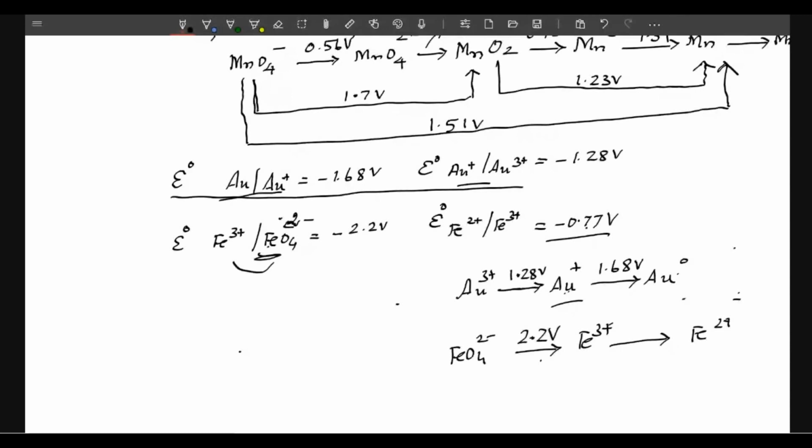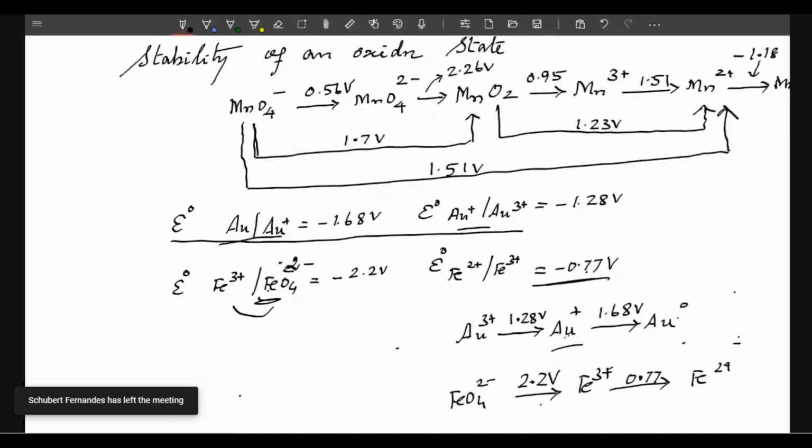Iron 3+ to iron 2+: oxidation potential value minus 0.77 is given. You convert it to the reduction potential value plus 0.77. And looking into this Latimer diagram, how would you decide, sir, whether it is stable or unstable?